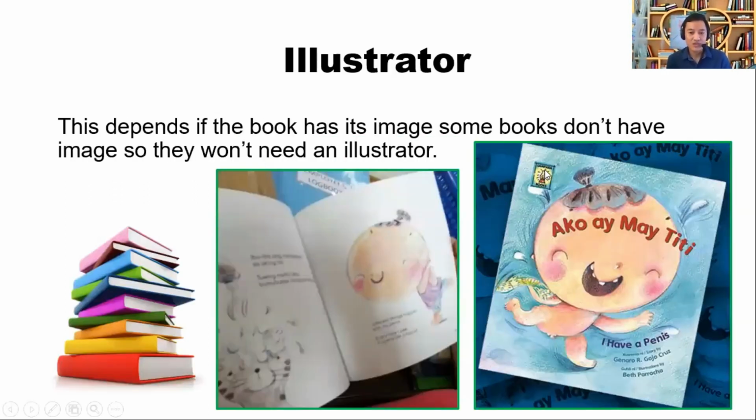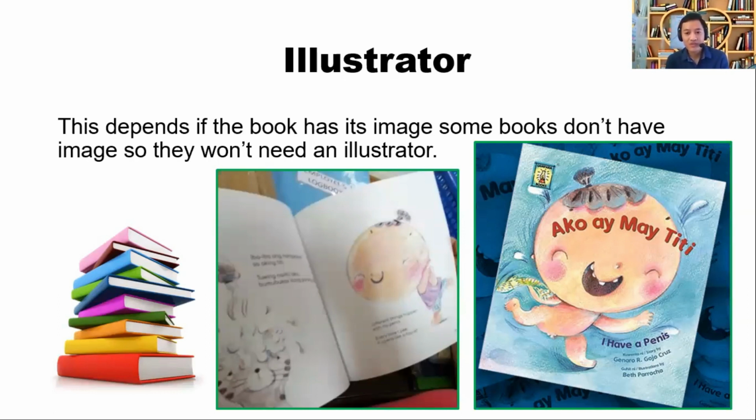Okay, we have the illustrator. When we talk about the illustrator, this depends on whether the book has images. Some books don't have images, so they won't need an illustrator. Most of the books that have an illustrator are the storybooks, because they are the ones who draw the book.